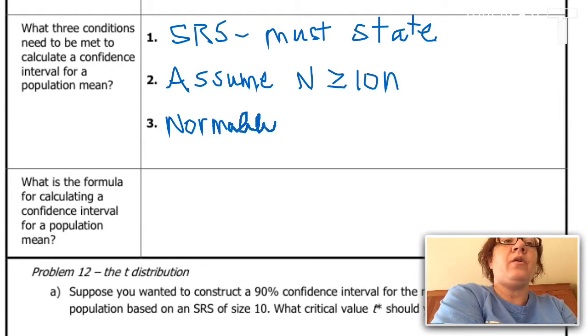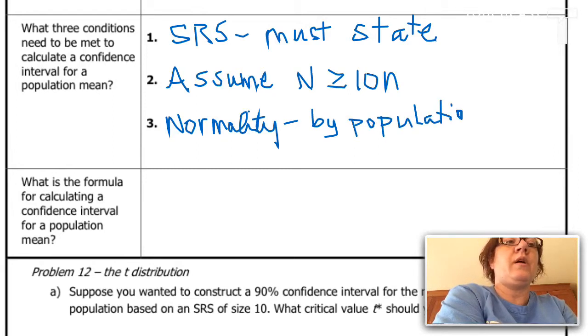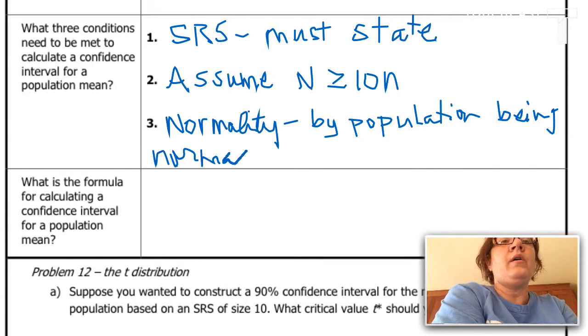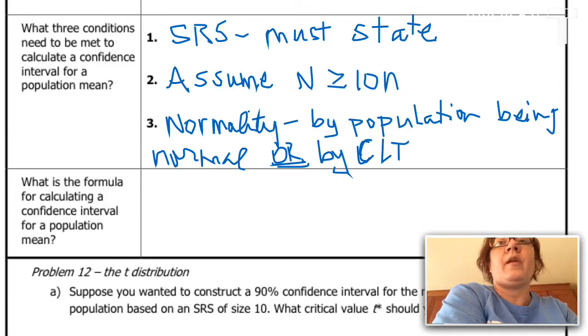But remember, with means, I'm either using the population being normal, or by central limit theorem, the sample size is greater than or equal to 30.